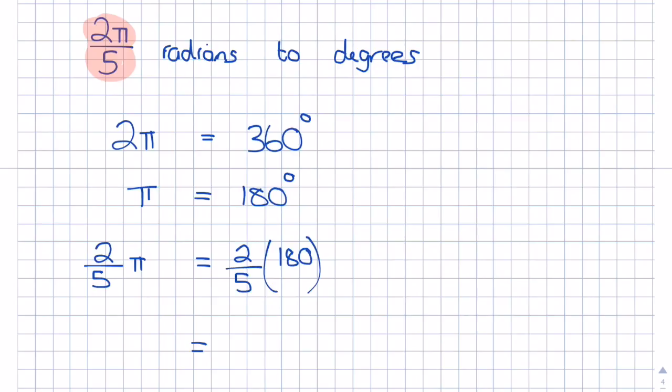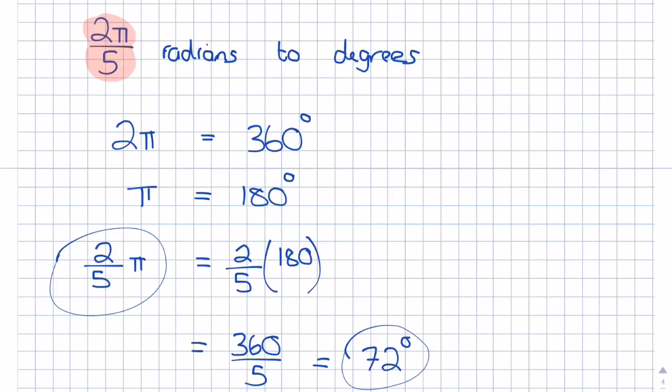And then 360 divided by 5, that's going to be 72 degrees. So 2 pi over 5, or 2/5 pi, is 72 degrees. And all we used was this one thing which we said to remember: 2 pi is 360 degrees.